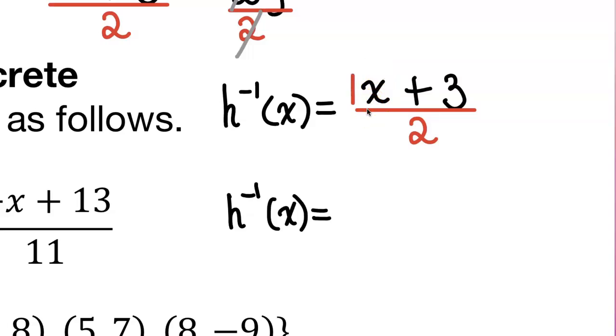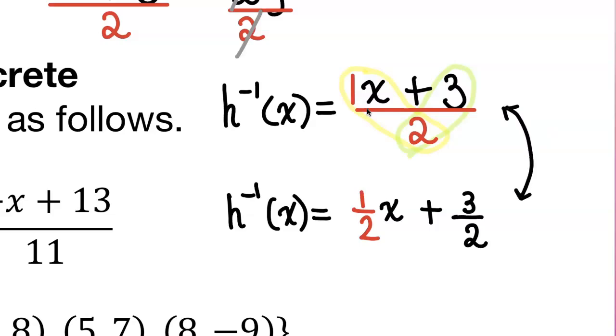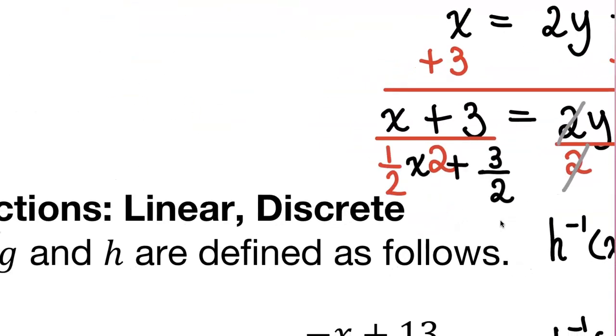So I can write it like this: 1 over 2 x plus 3 over 2. These are the same thing, they're equivalent, but I can't remember if ALEKS will ask you to write this in the slope-intercept form, but both should be accepted as correct answers, okay? But we found it. I'm going to copy this and put that as my answer here.